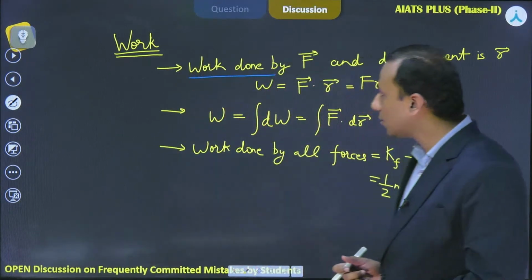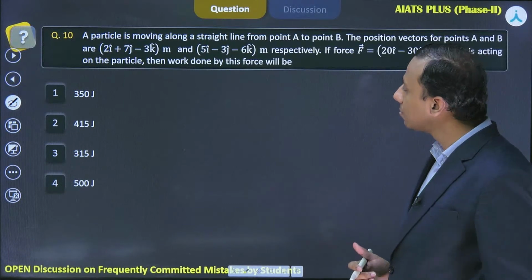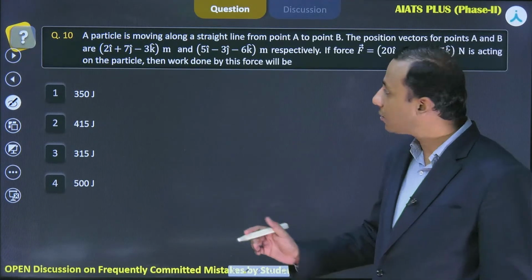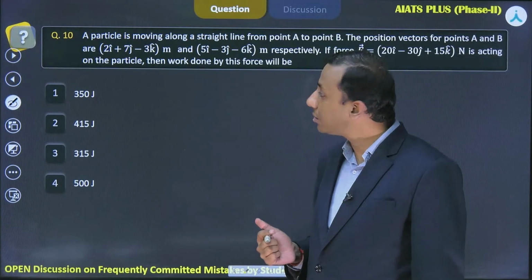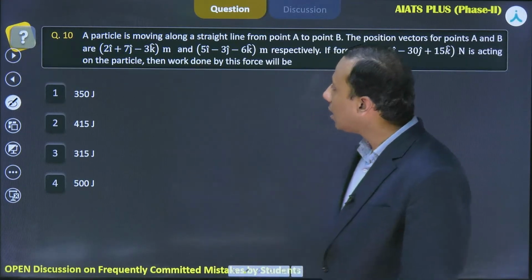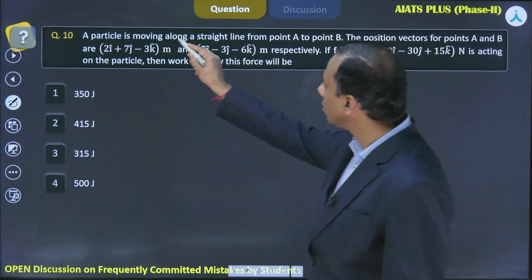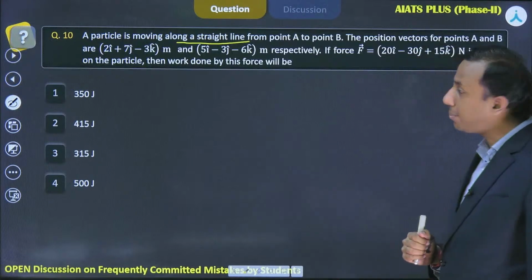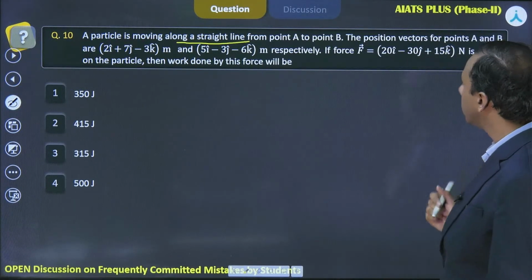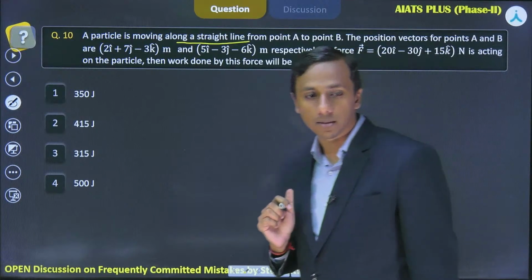So let's see what the first question is talking about here, right? It's a very straightforward question, this one, and this came in your previously concluded AIATS, question number 10, and it goes as, a particle is moving along a straight line from point A to point B, the position vectors for points A and B are given.